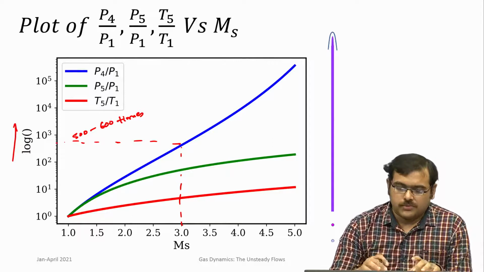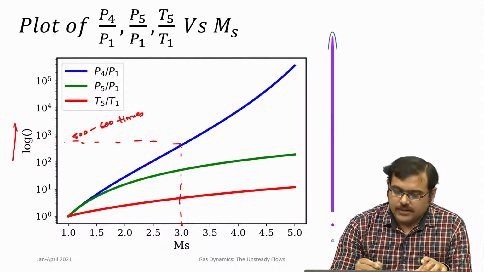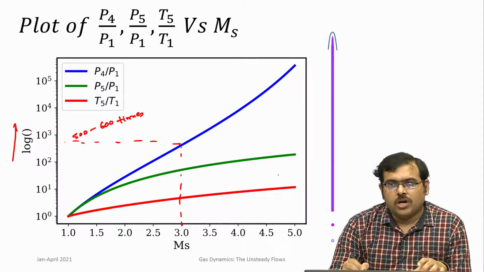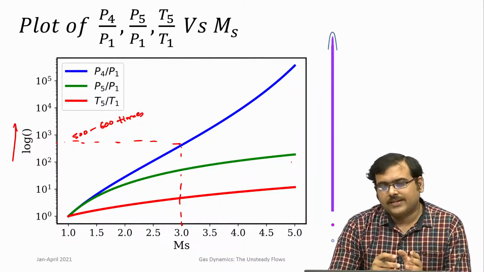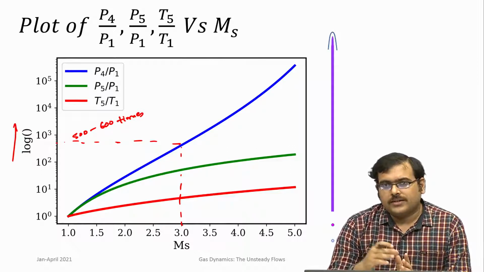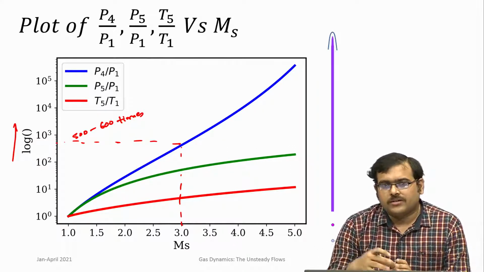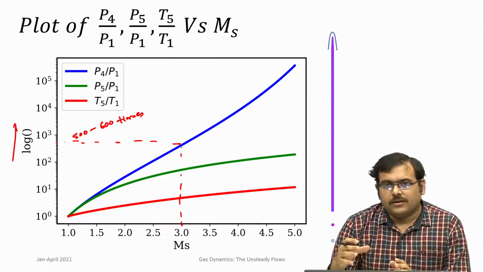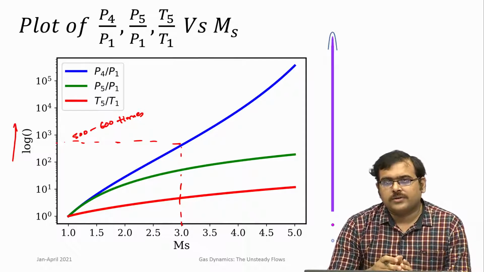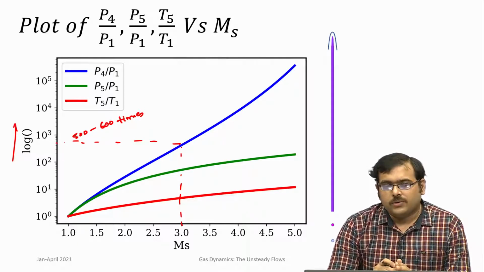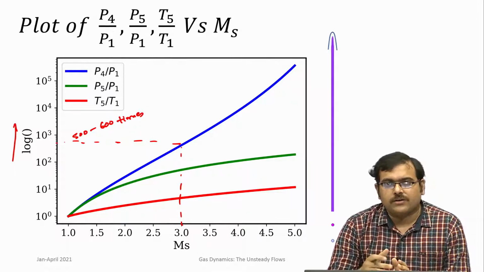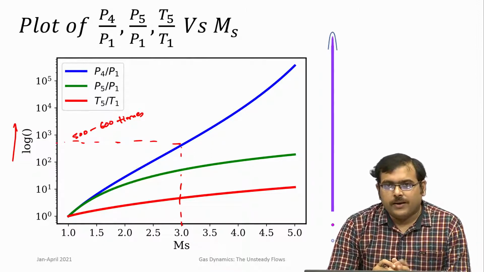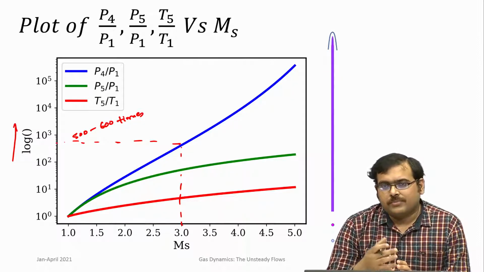And one more aspect to shock tubes is that you get a significant increase of temperature with pressure. If you take the same pressure ratio and you consider a compressor, it functions very close to an isentropic process compared to a shock tube, because a shock produces a large increase in entropy. So efficiency wise the shock tube is not a very efficient device because it produces a lot of entropy in the shock, but if you want to very quickly produce high pressures and high temperatures, then the shock tube is a good device.